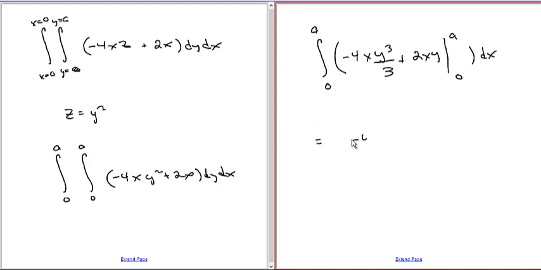Plugging that in, you get negative 4a cubed x over 3, and here we'd have 2x times a, the integral from x equals 0 to x equals a, dx.